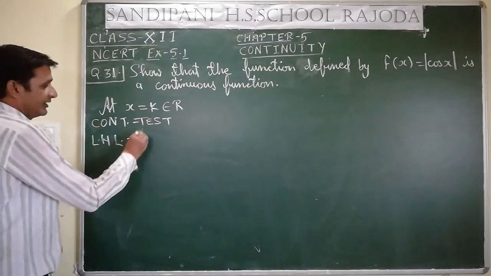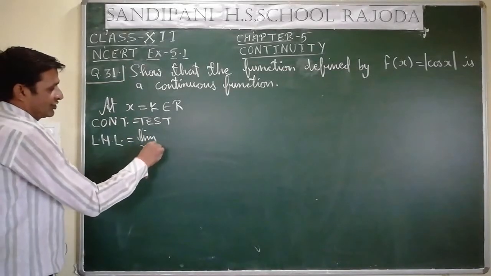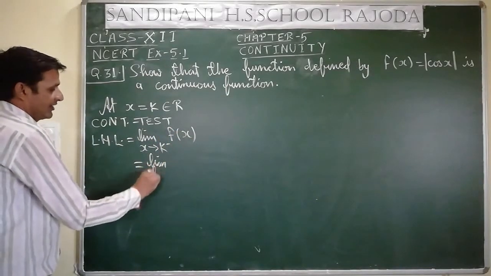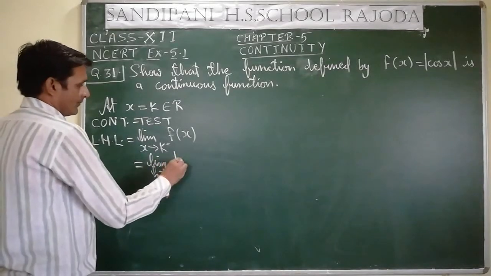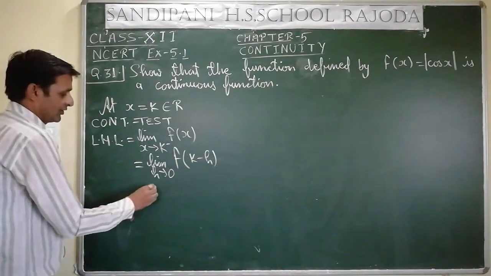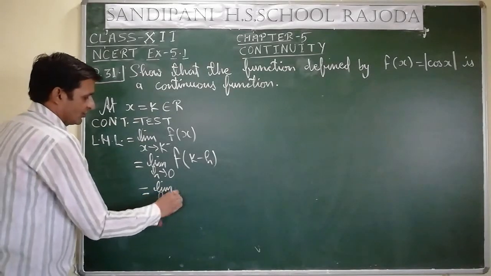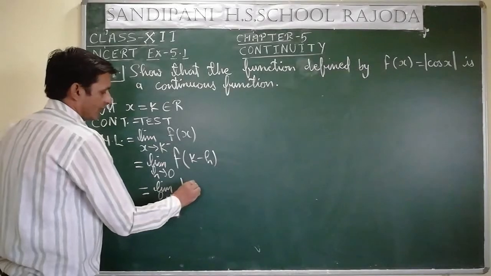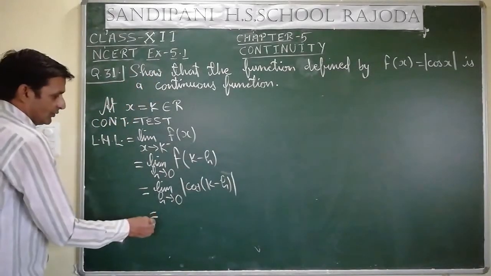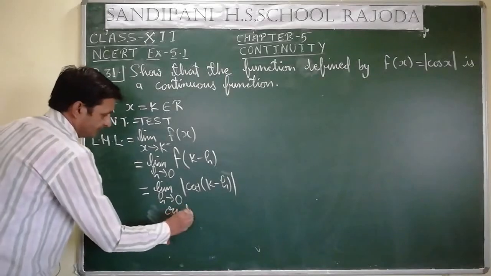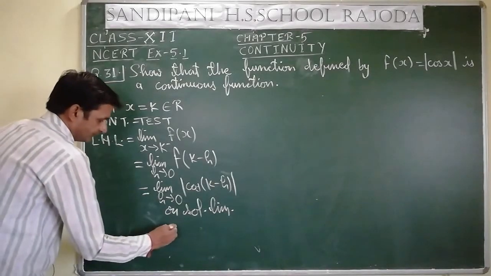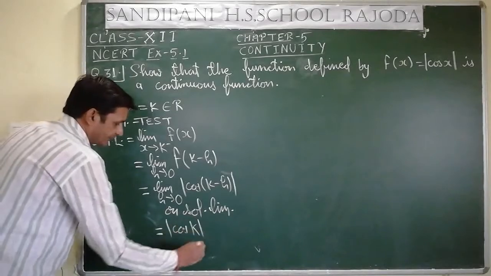So LHL we have to write in this manner, limit x tends to k minus f of x, that we may write limit h tends to 0 f of k minus h, that is equal to limit h tends to 0 mod of cos k minus h, which is equal to, on solving limit, this will become mod cos k, that is equal to cos k only.